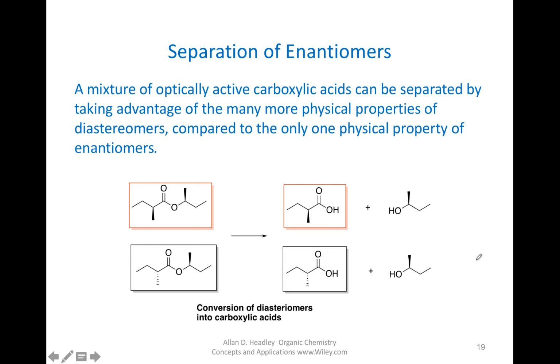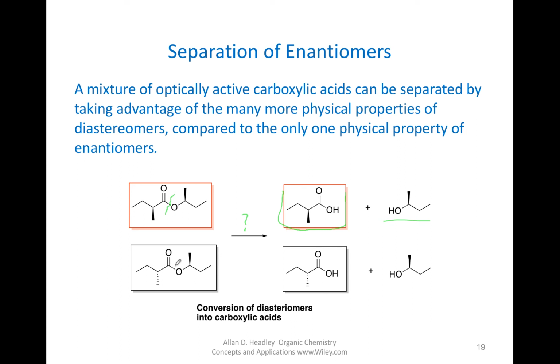Now all you need to do is convert them back to the carboxylic acid. If you perform a reaction here, and later on we'll study that, we can break the ester bond right here to give back our alcohol and our carboxylic acid, and the same for this one.